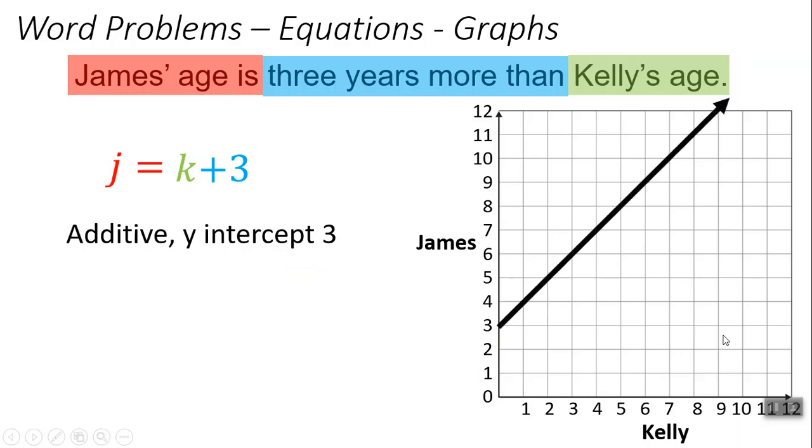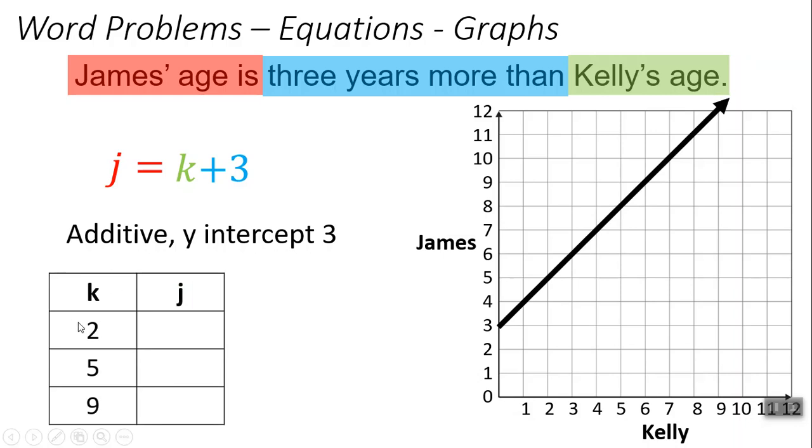Now let's say you didn't have this down just by looking at the equation. You could also create a table. You could go, oh, well, let's say if Kelly's 2, if she's 5, if she's 9, what's going to happen here with the age? And then you could do 2 plus 3, and you could double check that it aligns. Hey, 2 plus 3 was 5. It's on the line.